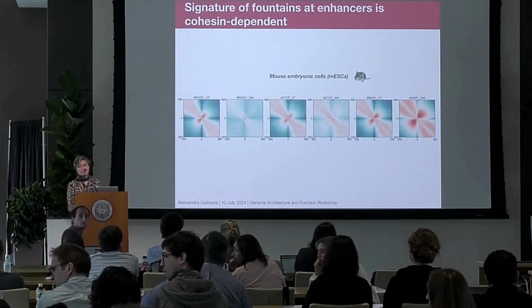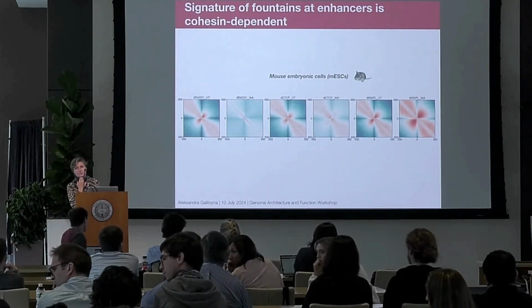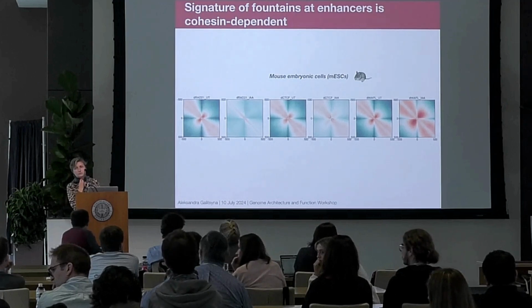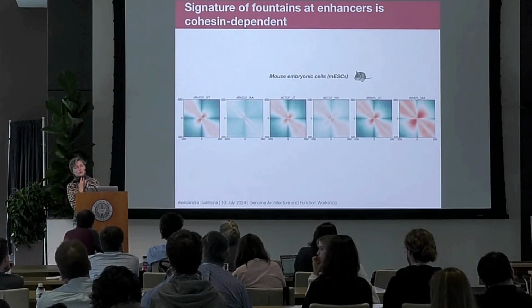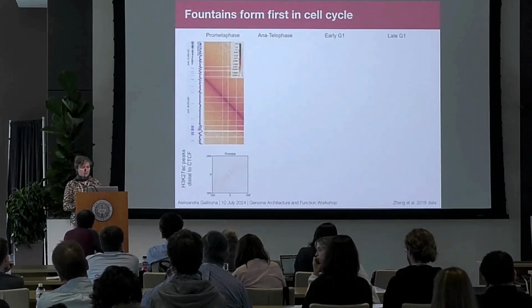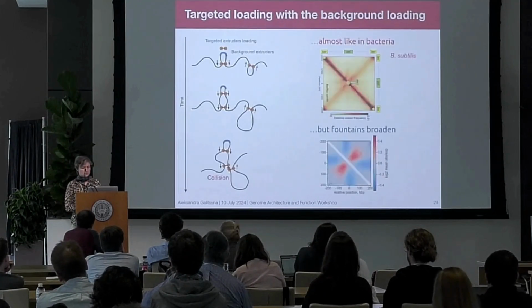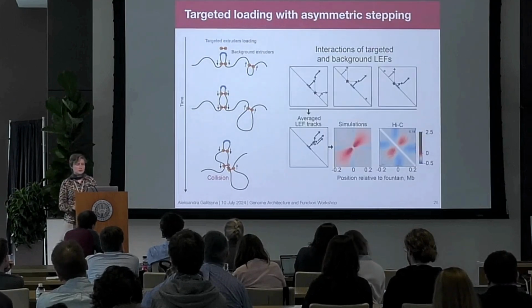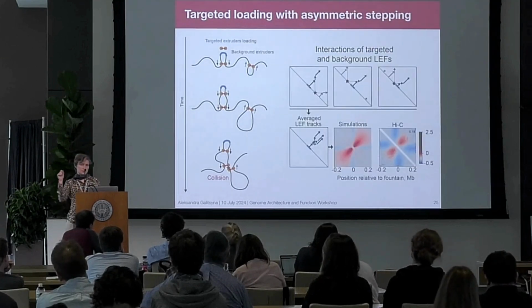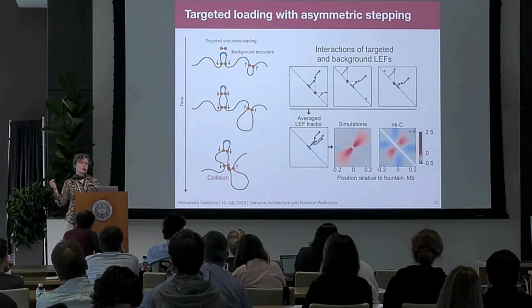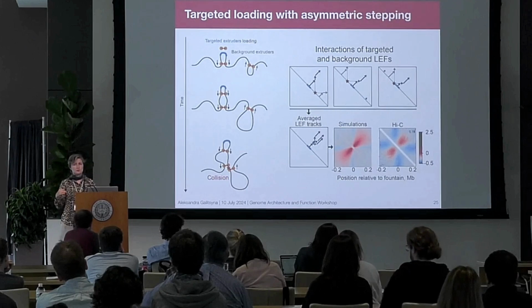I was curious, I think I might have missed it, but did you say the fold enrichment that you needed, say for mouse, in loading at the enhancers? That is a very interesting aspect. Yeah, I made the details of the simulations here, but it looks like just 10 times more enrichment at the enhancers is enough to generate a nice fountain signature, which is best correlated with the fountains in zebrafish.